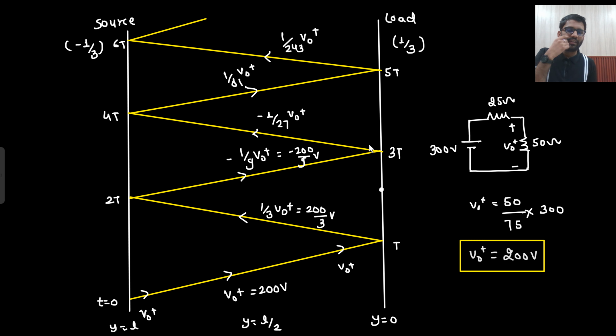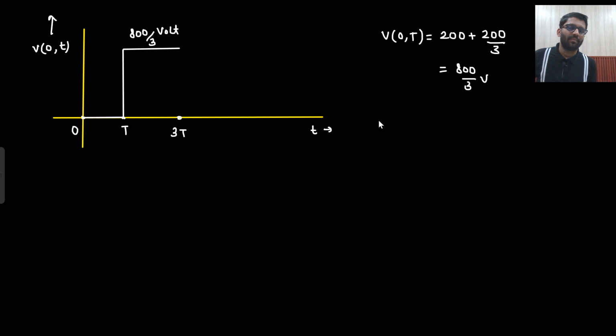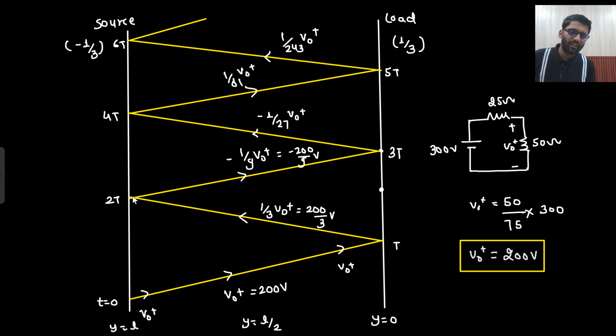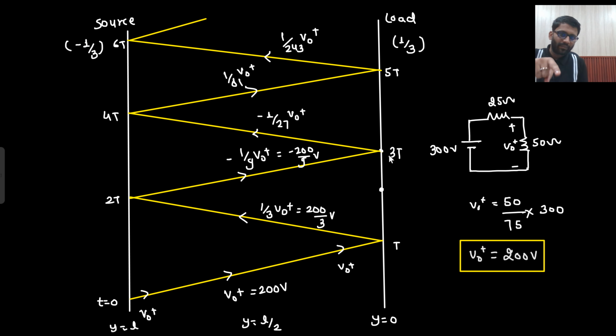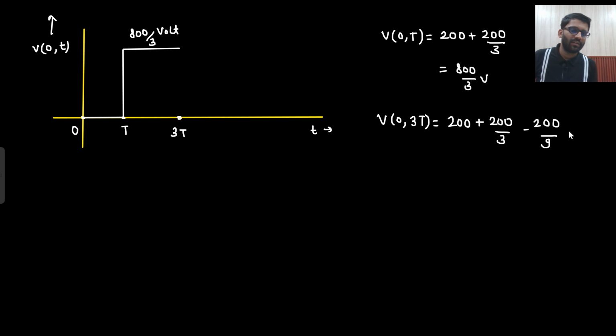Now after 3t, at 3t what is the scene? You are having 200 plus 200 by 3, minus 200 by 9, and minus 200 by 27. Basically at 3t, 200 is there, then 200 by 3, then another reflection 200 by 3, then minus 200 by 9 is also there, and then from here 1 by 3 is reflected, then this will also be there, so minus 200 by 27.